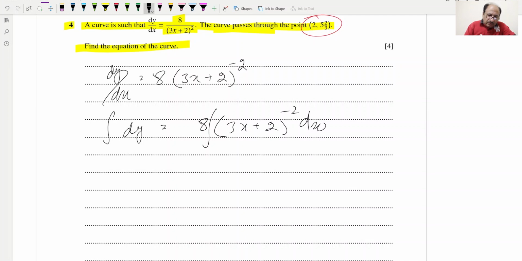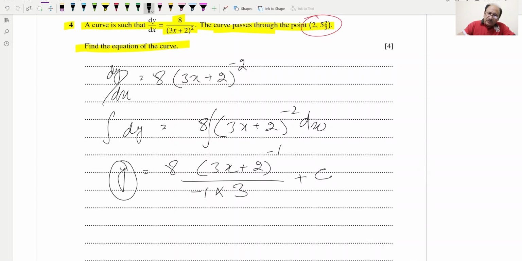And this one we can write as y is equal to 8 as it is, and 3x plus 2 raised to the power minus 2 plus 1, which is minus 1, divided by the power, which is this one, and the derivative of 3x. Derivative of 3x is what? 3. So we will write here 3, and plus integral constant c.